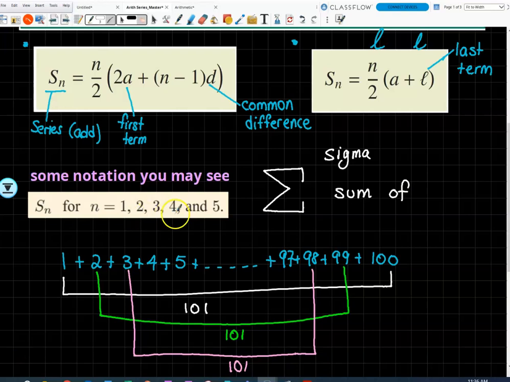So if I wanted to write the sum of these numbers, it's just n, and then the k can start with 1, and k goes all the way up to n. If I only wanted the sum of the numbers up to 20, then I'd stop at 20, and so on and so forth.